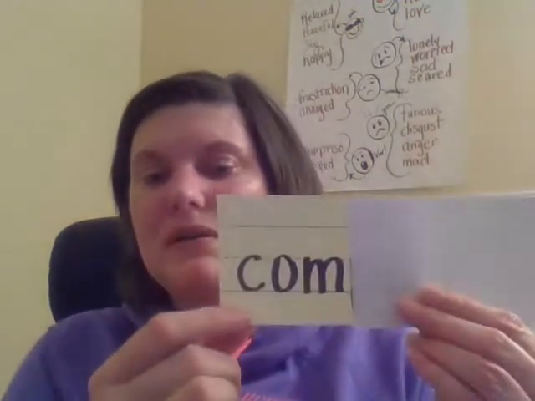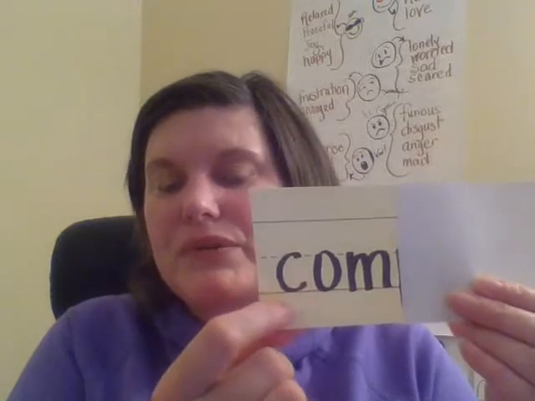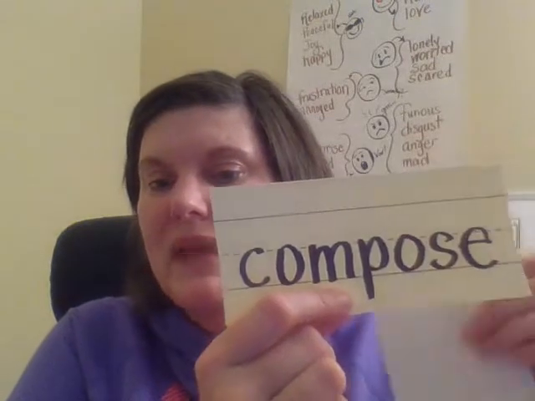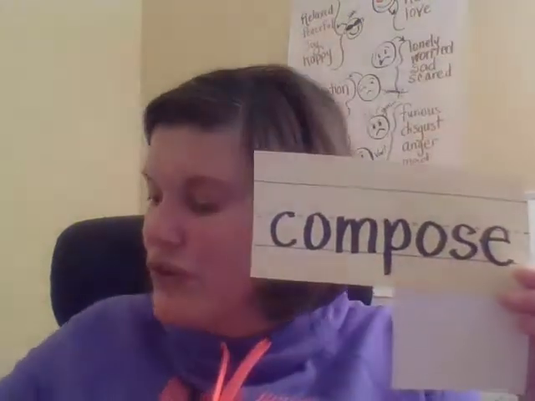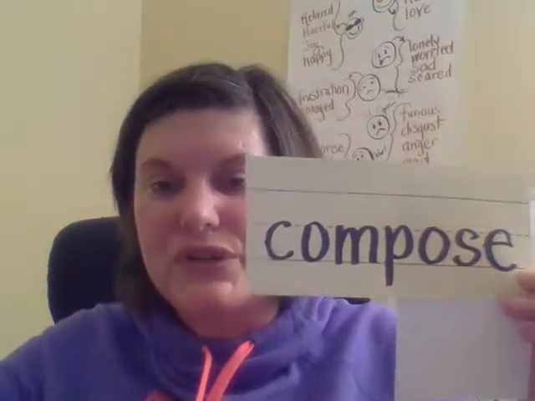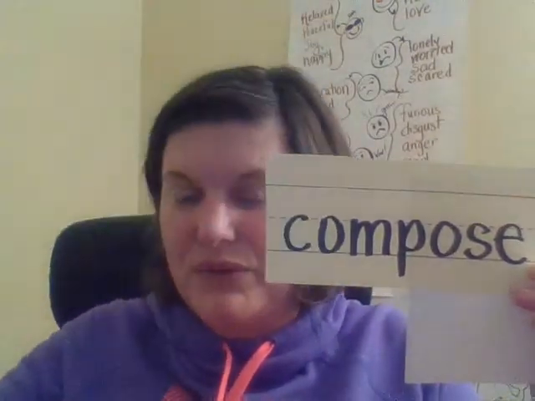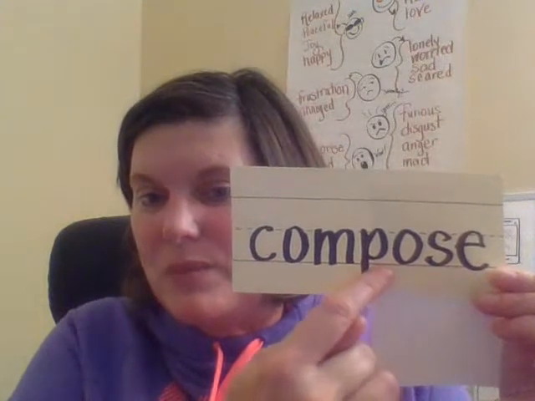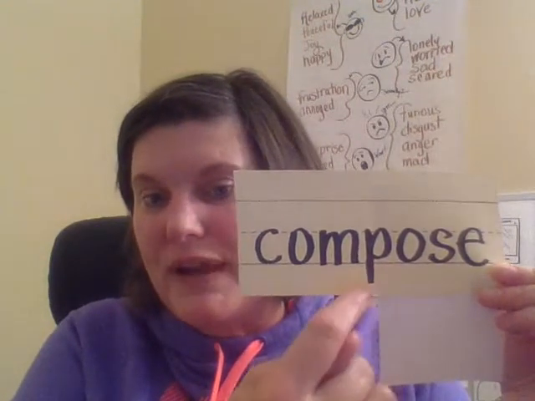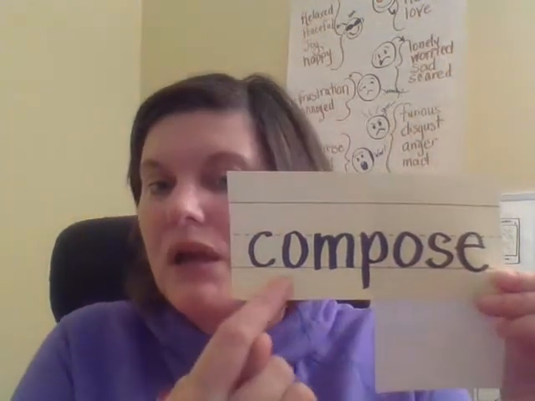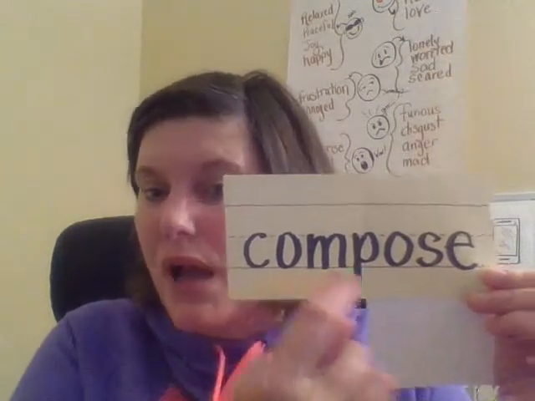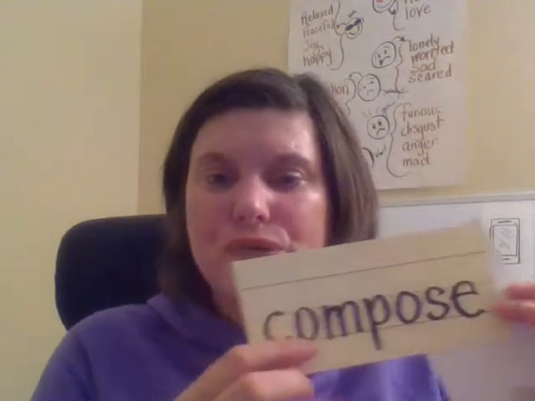Here's another one, closed syllable, so com. Now let's look here. This is our new syllable type, which is the silent E syllable type. This E is helping this O make its long O sound. So this is pose, compose. Good. Like I might compose a piece of music.